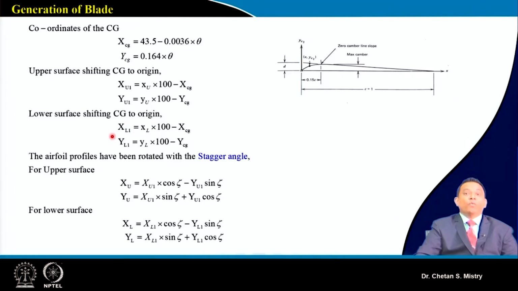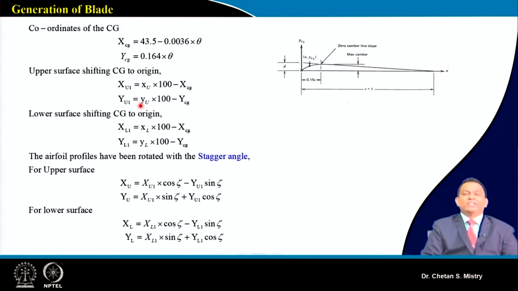Okay, now once we have done this calculation, we have one more angle. That angle is our setting angle, or blade setting angle, or we can say our stagger angle. So now all the calculations we have done need to be staggered. Again you need to recalculate your suction surface coordinates and pressure surface coordinates.